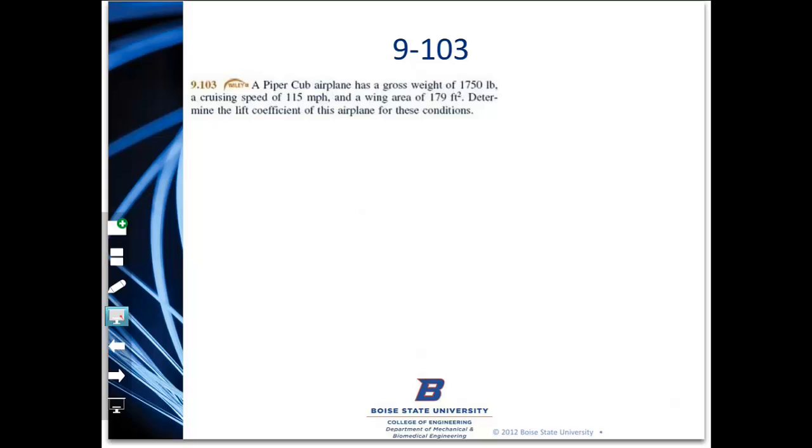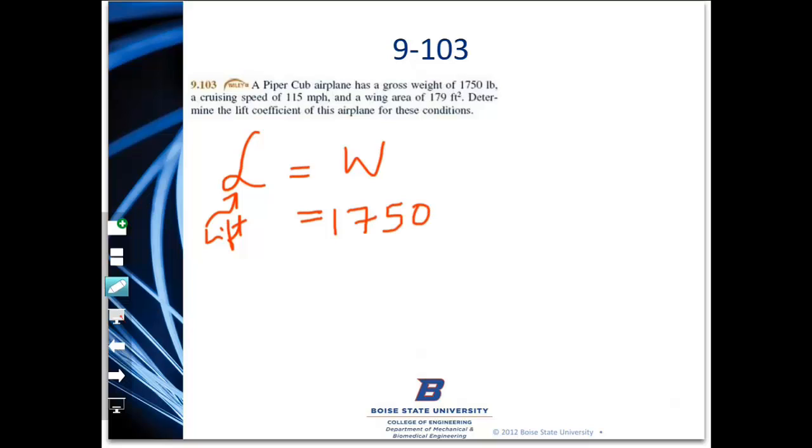So at cruising altitude, the lift will be balanced by weight. So this is your lift. So that means it will be equal to the gross weight, 1750 pounds.